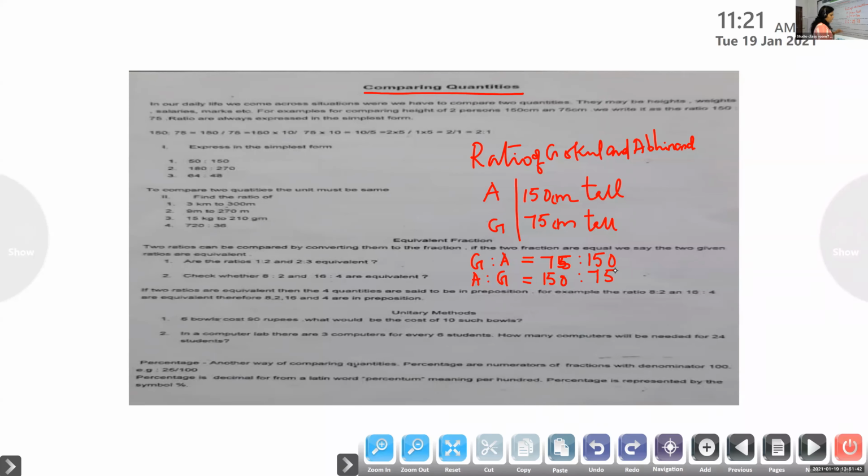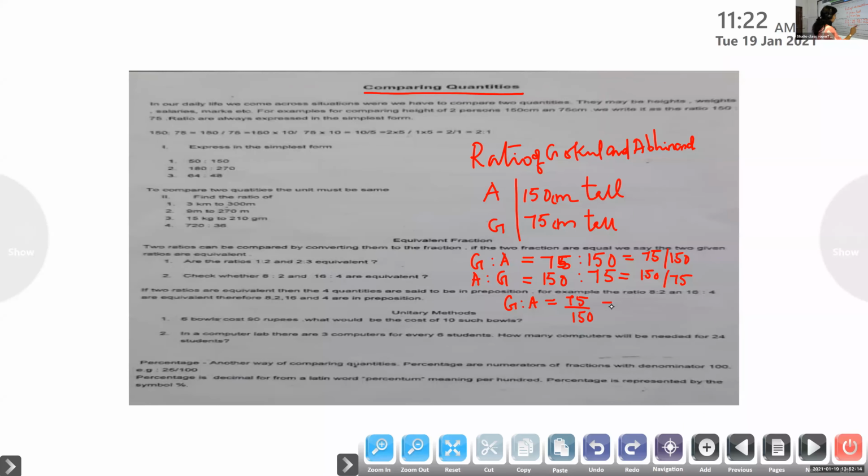Okay. Now, another thing which you have to study in ratio is that ratio should always be expressed in lowest form or simplest form. Actually, when you write here, this is 75 by 150. When you write this, it is 150 by 75. We have to represent it only in simplest form. So, Gokul is to Abhinanth is equal to 75 by 150.